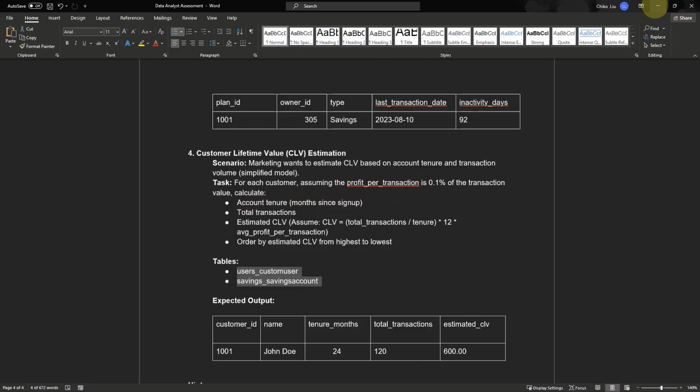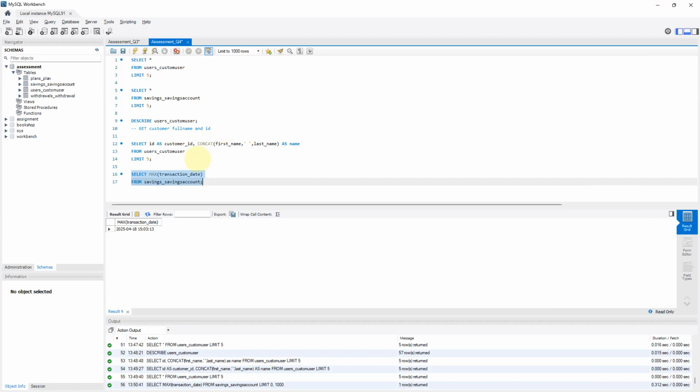So months since startup. We are going to calculate months since startup. How many months, not days now. Since sign up, I'm looking at how to convert the difference of date to months.